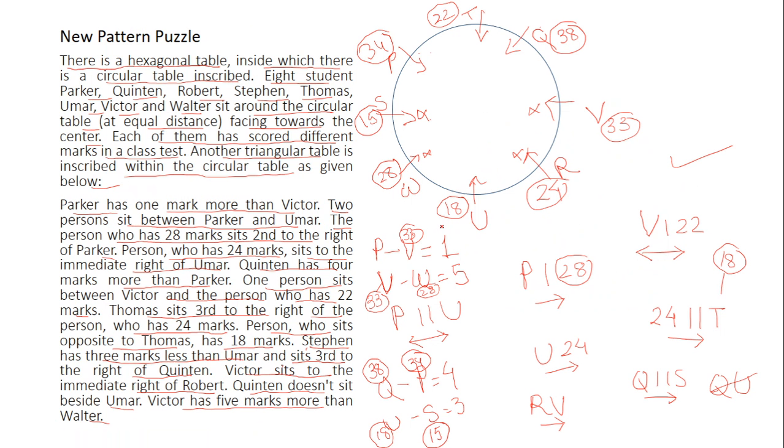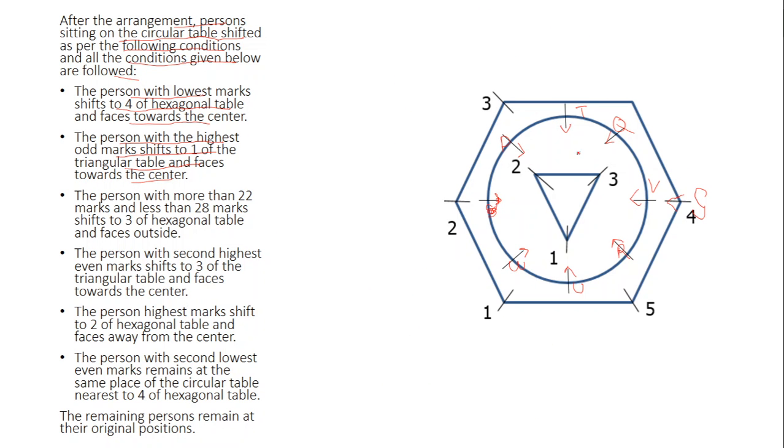Highest odd marks was scored by, I think it's V, right? It's V. Then V would be shifted from here to 1 of the triangle as said in the question. V would be here.